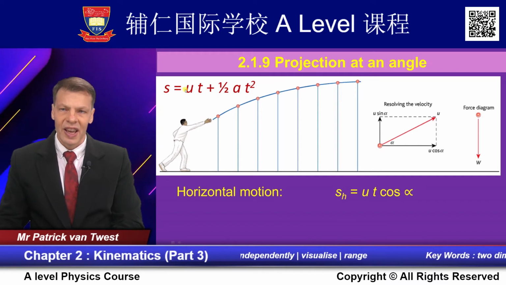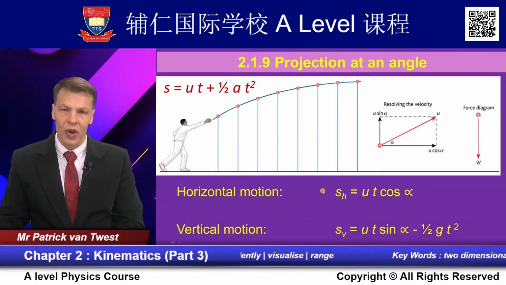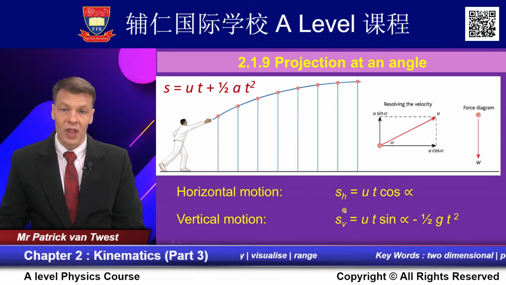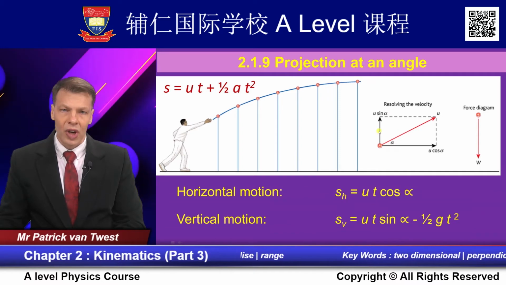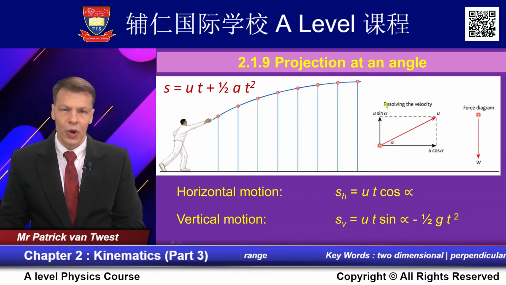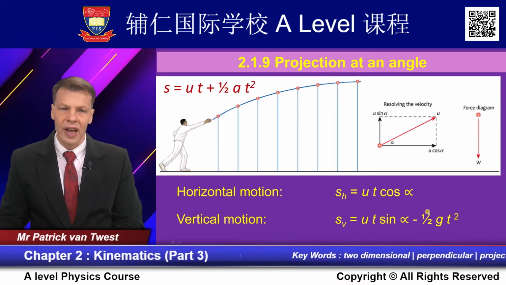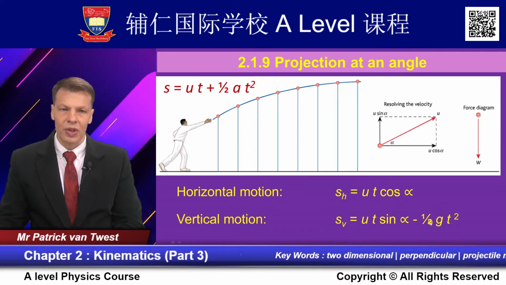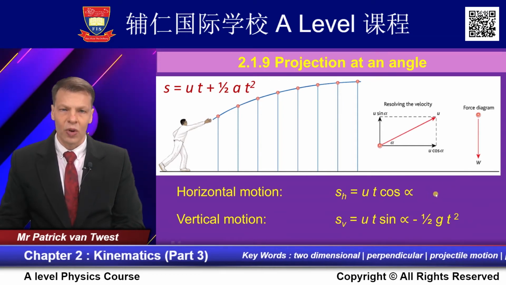Remember this one? s equals ut plus half at squared. And then vertically, I'm using that same formula. ut becomes u times sine of theta. So that's the vertical component, is the sine of the angle. And then I'm taking away half gt squared because we've got vertical acceleration happening due to free fall.